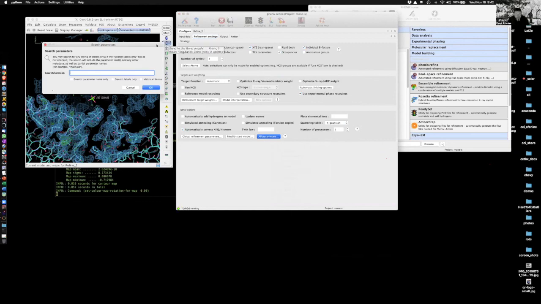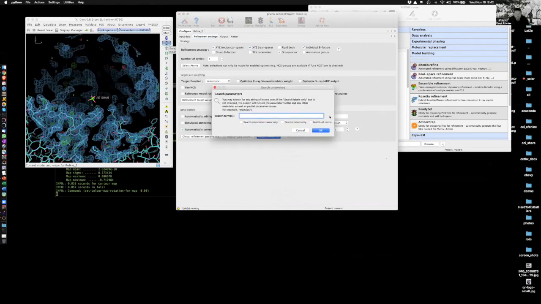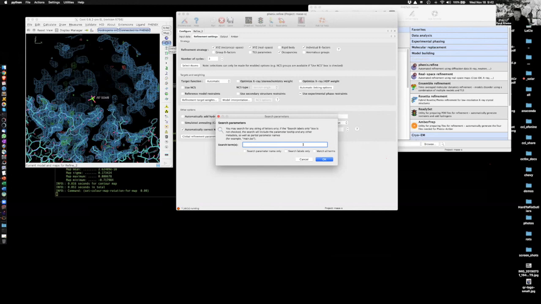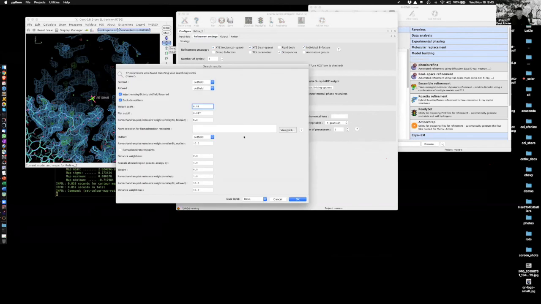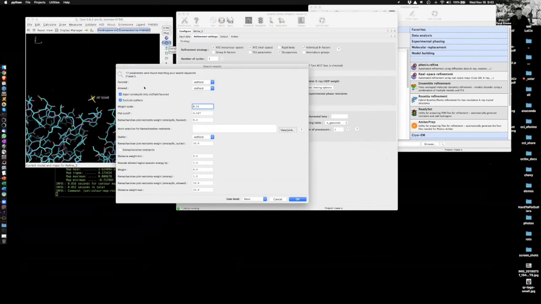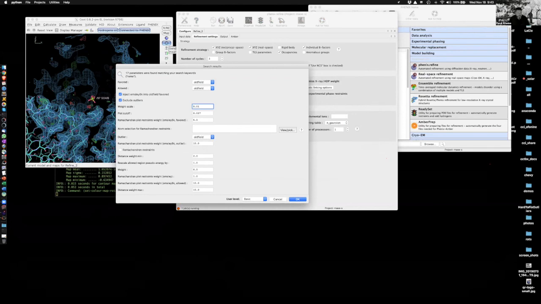For example, if I tell you you need to enable Ramachandran plot restraints, you can type Rama, and you get a lot of hits related to Ramachandran plot restraints. You can enable Ramachandran plot restraints, and you can be more specific in your search, right?